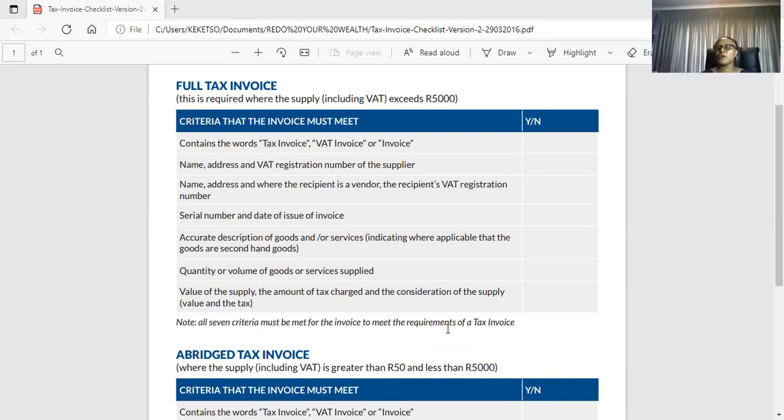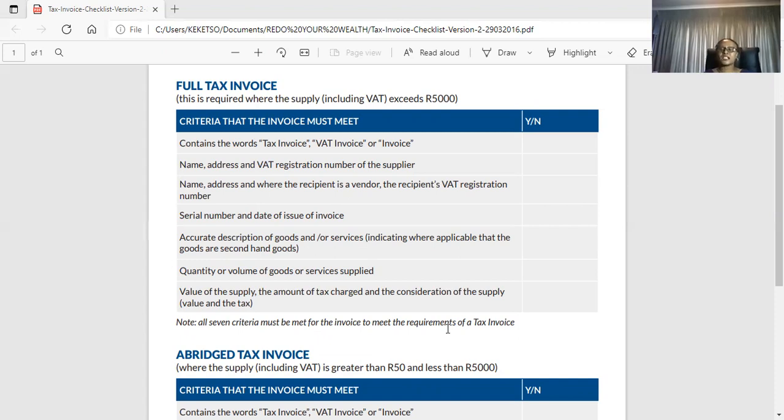Therefore, it has to have a name, because when you are in business, there are a lot of transactions that you conduct. Sometimes you have to issue a quotation, sometimes it's a tax invoice, sometimes it's a return, a credit note. You've returned some things. But it has to have a name so that people can understand.